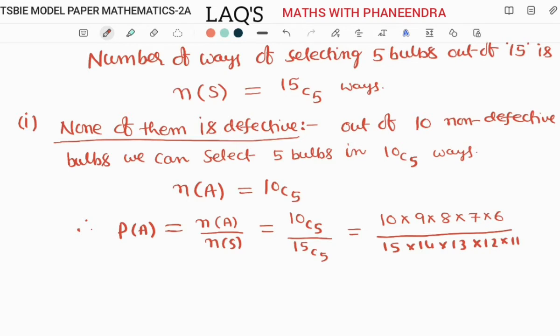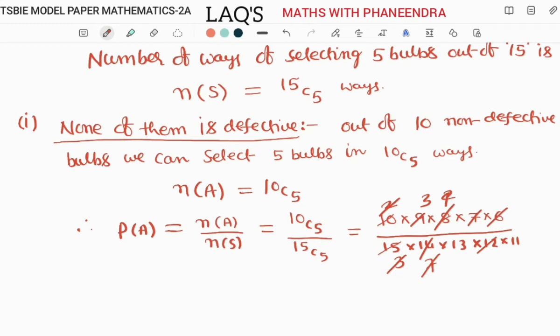If you simplify, 3 into 3 cancel, and 7 7 cancel.